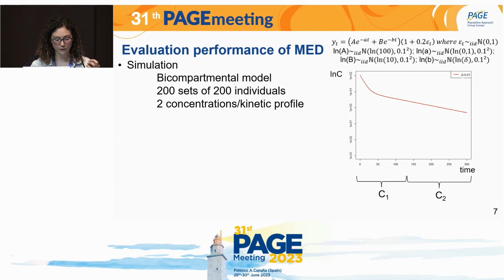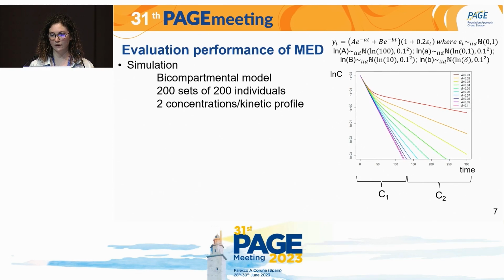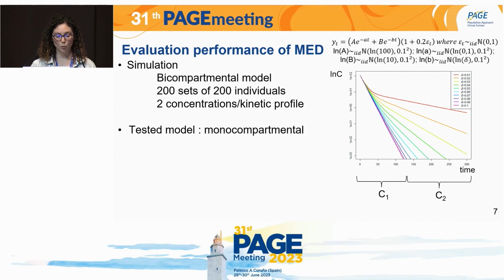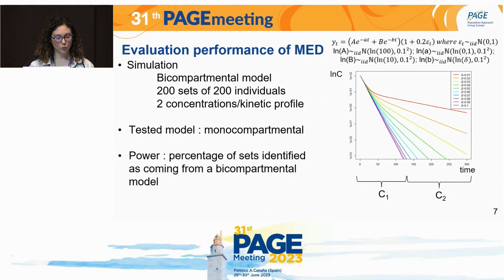And we have simulated 200 sets with a very highly bicompartmental model and with a less and less bicompartmental model until we get a monocompartmental model. Then we built a monocompartmental model that best fits the data, and we evaluate the percentage of sets identified as coming from a bicompartmental model.